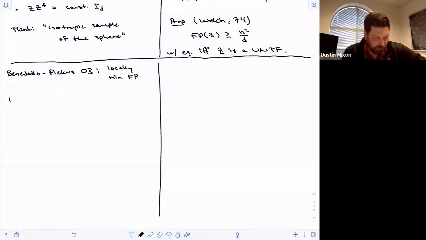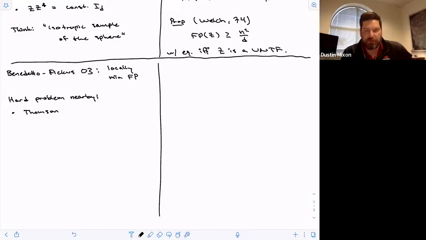Before I tell you the punchline, I want you to be aware that there are some seriously hard problems in the neighborhood of what we're talking about here. So, for example, the Thomson problem. This is looking for the optimal arrangement of point charges so as to minimize this Coulomb potential.